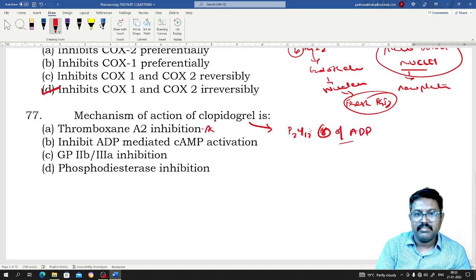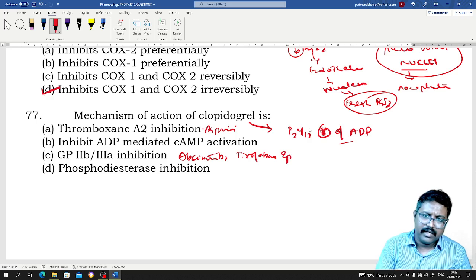Thromboxane A2 inhibition is done by aspirin, and the glycoprotein 2B3A inhibitors are abciximab, tirofiban, eptifibatide, etc.